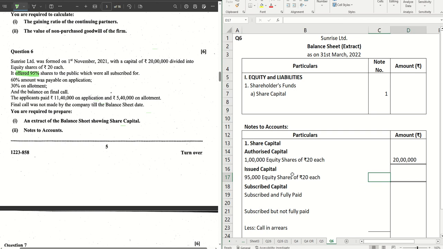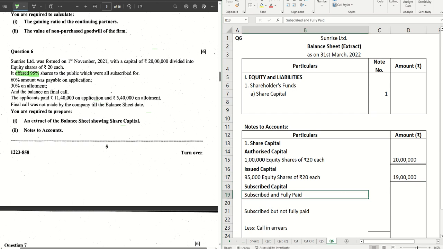The value of this becomes 95,000 into 20, which is 19 lakh rupees. We can write the 19 lakh rupees like this. Issued capital as well is only for information purpose. It is not used for further calculation in notes to accounts. Double line after that.